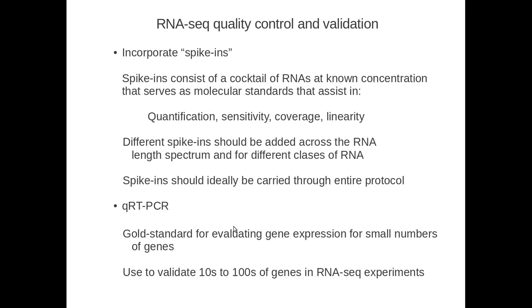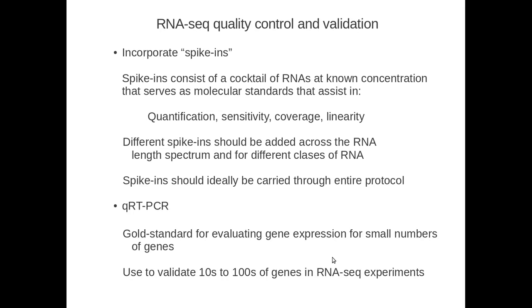The gold standard method for doing this is to conduct quantitative reverse transcriptase PCR, or qRT-PCR, sometimes just called qPCR. This is the gold standard method that allows you to verify that in fact your gene of interest is differentially expressed between conditions.